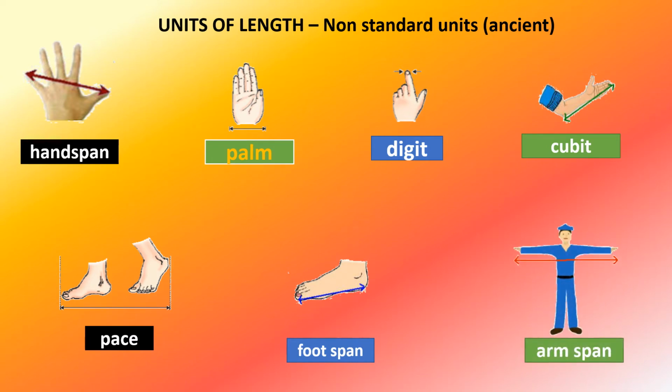And last was arm span, where the object was measured using arms between the middle fingertips on each hand when you stretch your arms as far as you can. So these were the different non-standard units used to measure length.